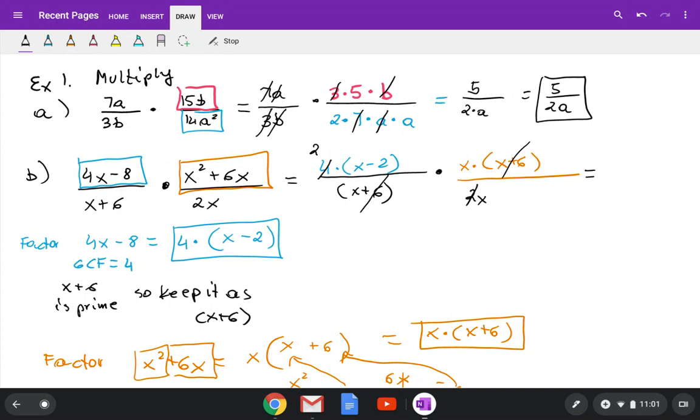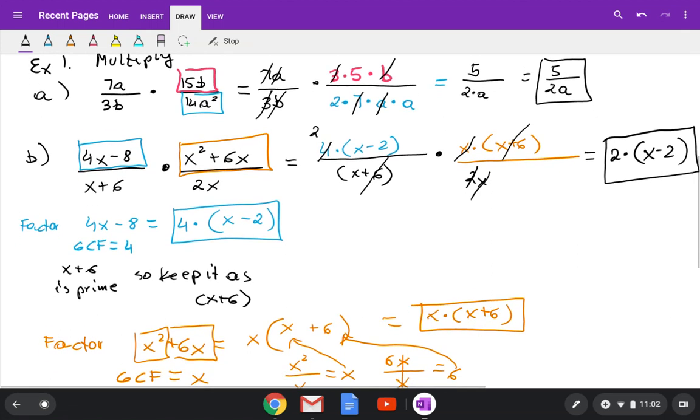So you can cross them out. And we can also cancel x. X is on the top, x is on the bottom, and that's it. So our final solution will be 2 times x minus 2. So that's our answer. Okay.